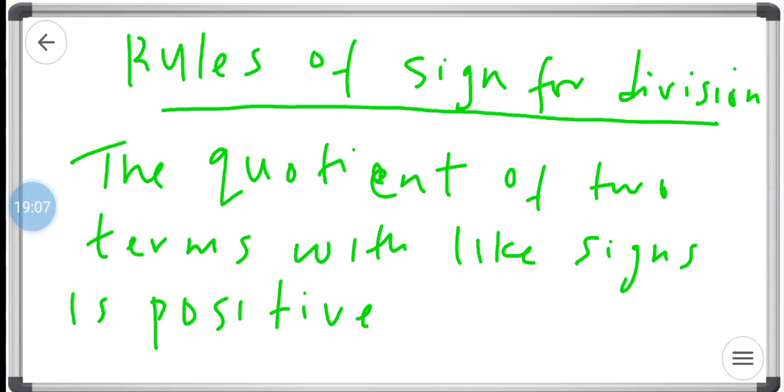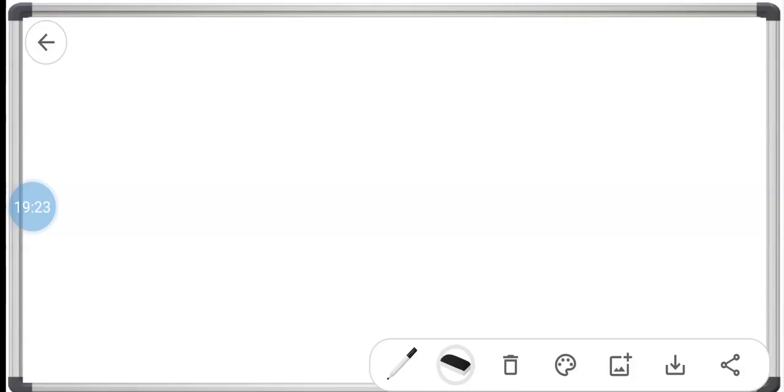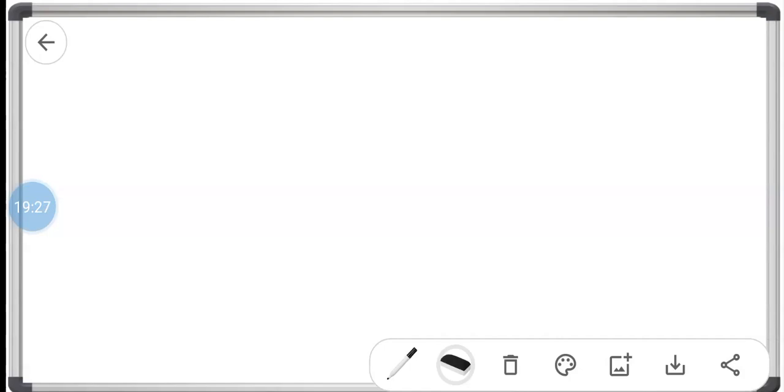Else it will be negative. So this means that if the signs of the quotient are not like, then the result is negative. So let's consider a few examples. Example one.